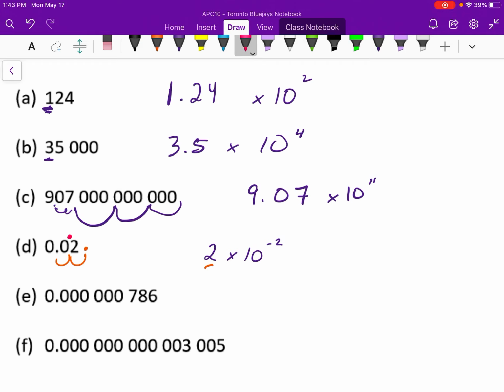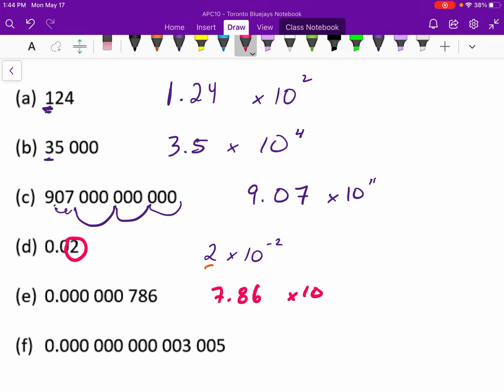Simply because my level of precision was only down to 1 digit, 2. Now, here I have 3 digits of precision. So I'm going to have 7.86 times 10 to the something, right?